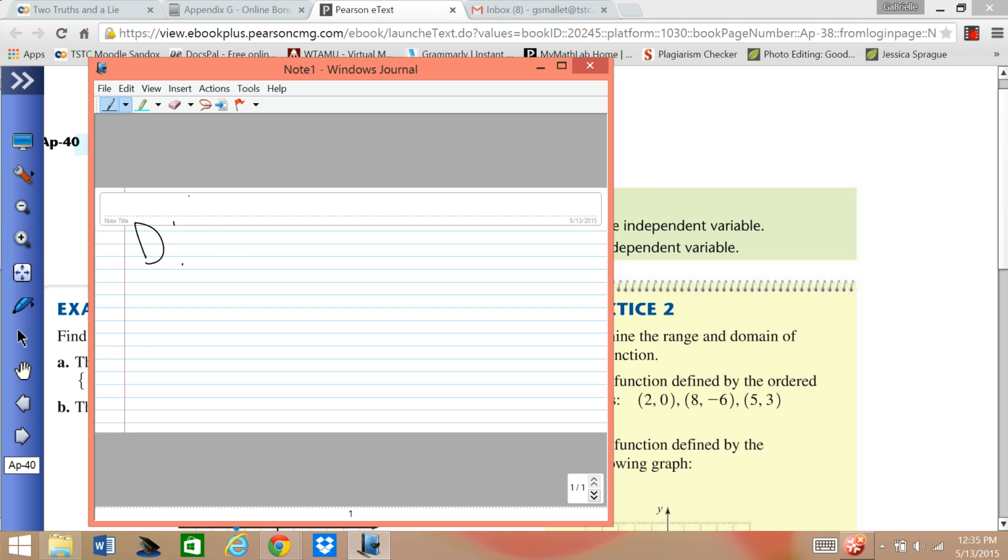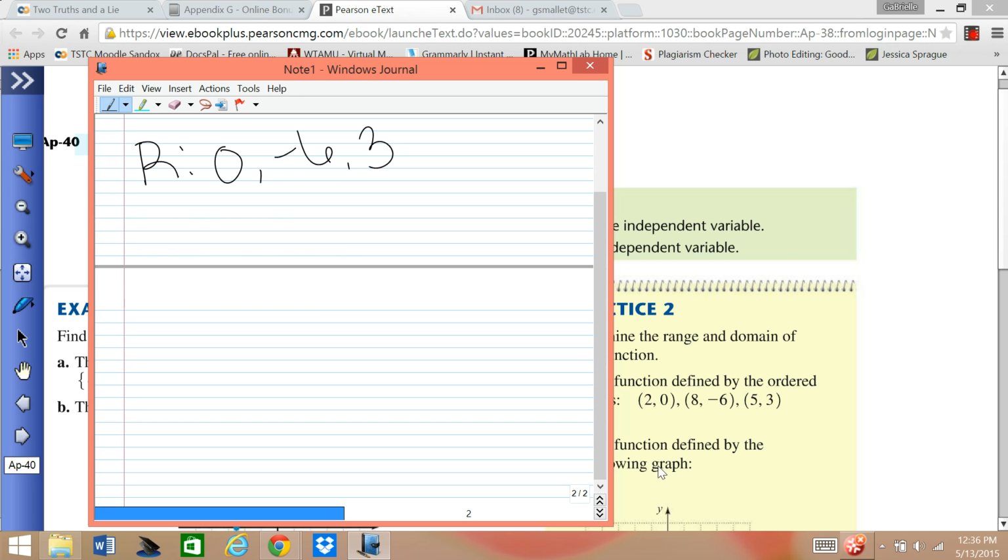So it would be 2, 8, as well as 5. Those are the first values, or the x values, so those are the domain. The range is all the y values, the second values. So that would be 0, -6, and 3. So that's how you identify what the domain is and what the range is.